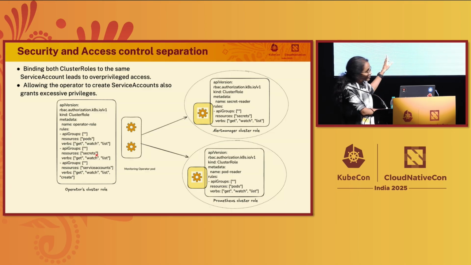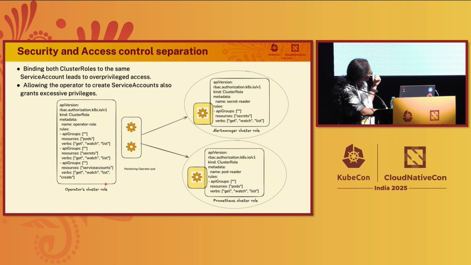So here, again, just to add, I know there is a Prometheus operator open source. This is more of an example to give you, using the key factor RBAC. All right, now your operator has the permissions to list the pods, list the secrets, etc. Now, it's not ideal to bind them to the same service account, right?